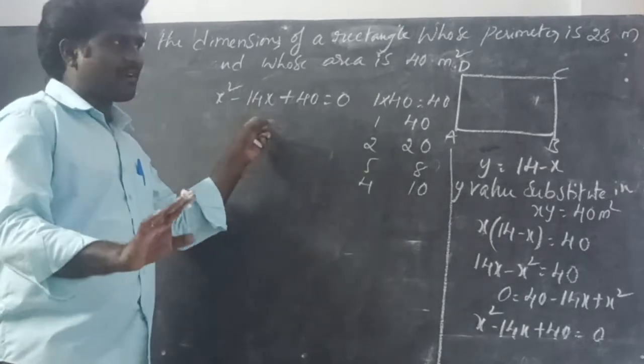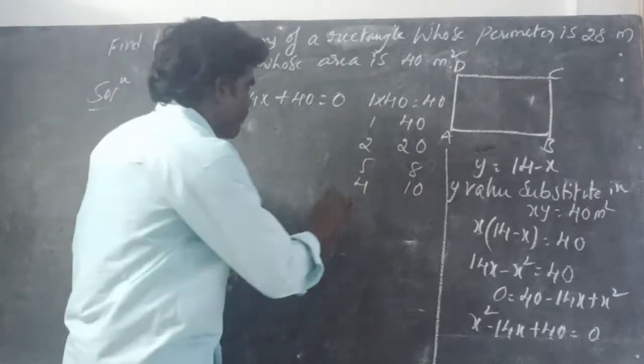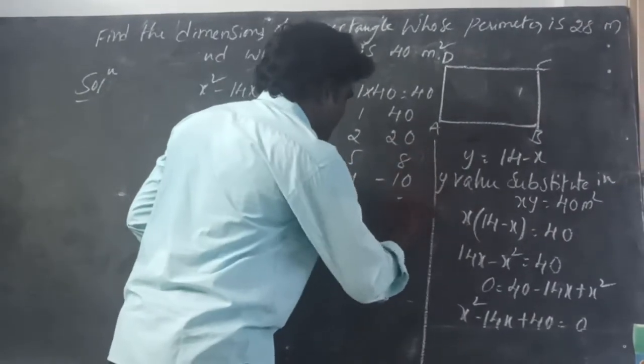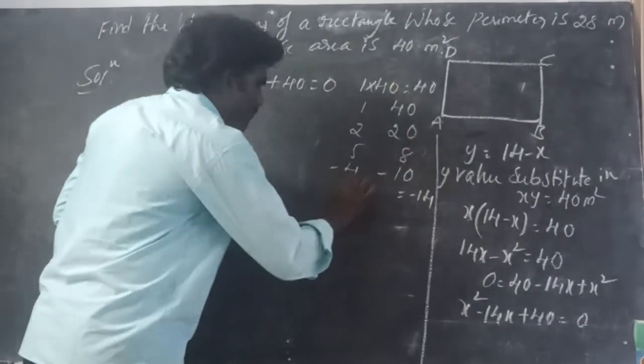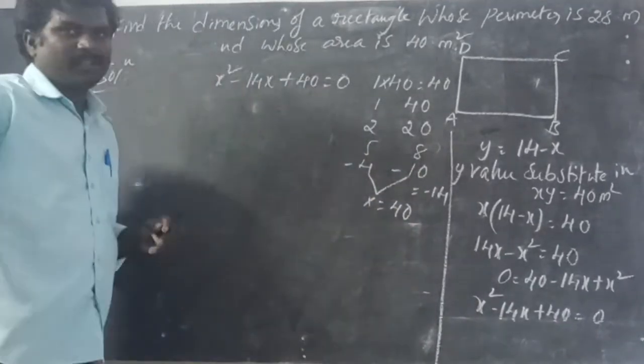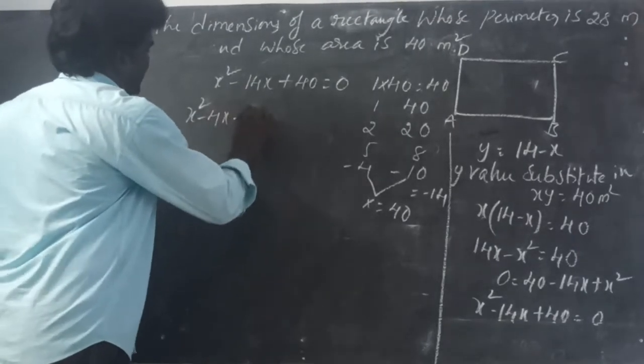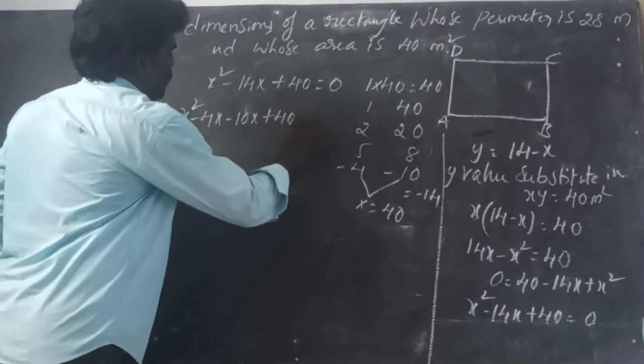So how do we get 14? Minus 4 minus 10 is equal to minus 14, and minus 4 into minus 10 is plus 40. So x square minus 4x minus 10x plus 40 is equal to 0.